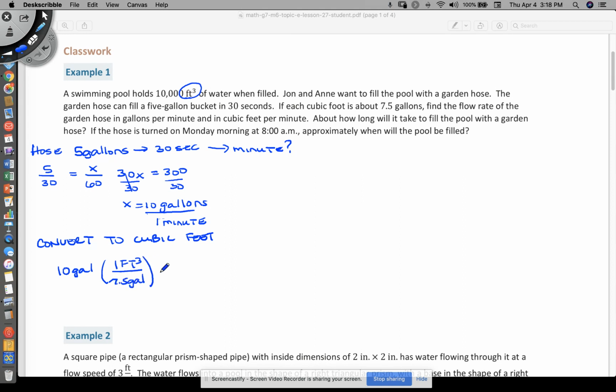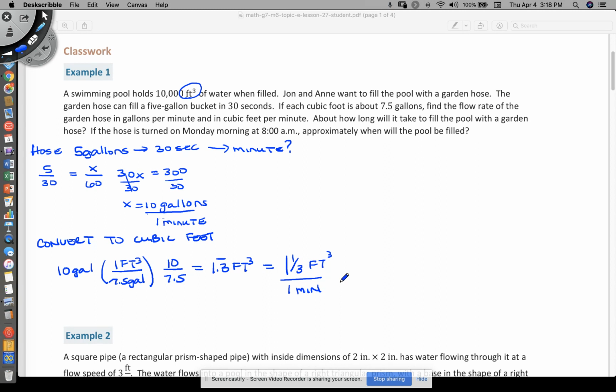That's just the conversion, okay? Well, this is written in a fraction form. So when you have fractions, it just means to divide. So I'm going to do 10 divided by 7.5, and I'm going to get 1.3 feet cubed, and that 3 is going to keep repeating. So let's go ahead and just say 1 1/3 feet cubed per 1 minute. All right, so I can do 1 1/3 cubic feet in 1 minute.